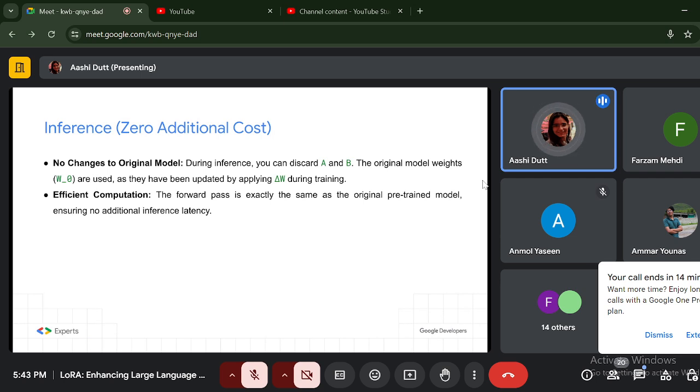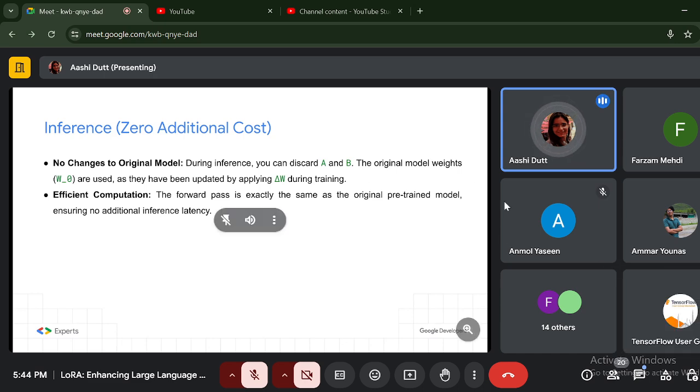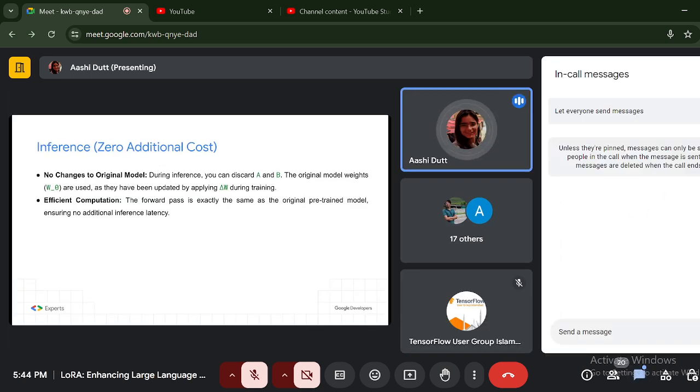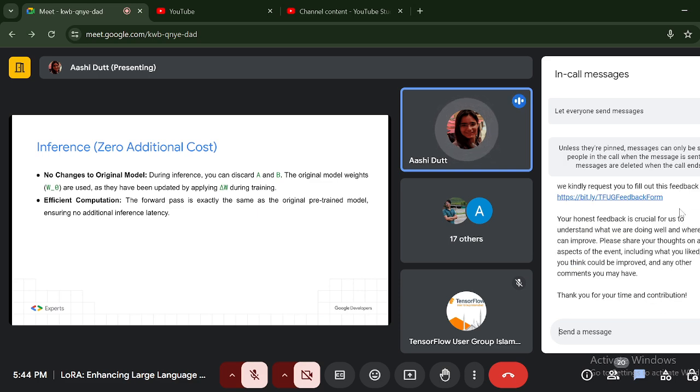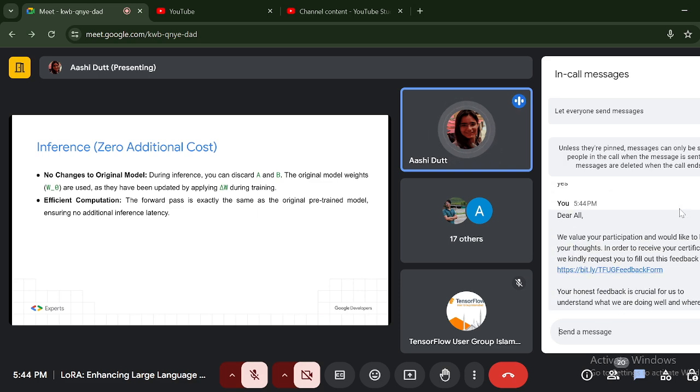At inference you can also discard A and B, that is not a problem, because the original weights W have been updated by applying delta W. So you don't really have to keep A and B alongside. You can discard them at inference. And because of that, you have efficient computation. The forward pass is the same as the original pre-trained model.